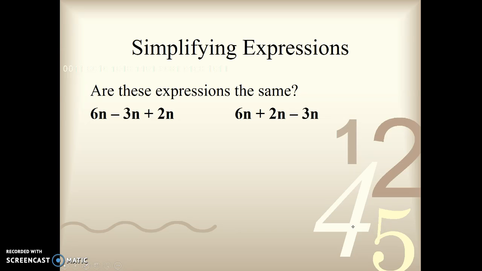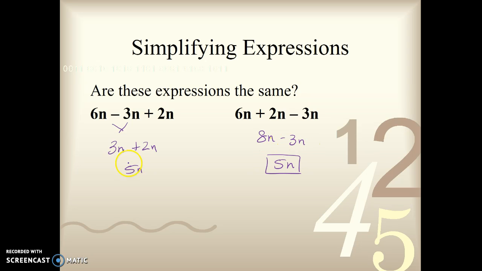Okay, are these expressions the same? On the left we have 6n minus 3n plus 2n, and on the right we have 6n plus 2n minus 3n. Well, let's solve them and find out. 6n minus 3n is 3n, plus 2n is 5n. 6n plus 2n is 8n, minus 3n is 5n.